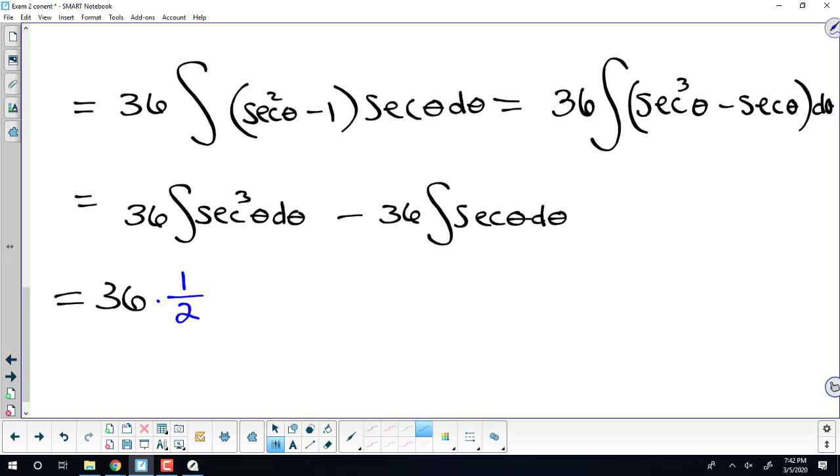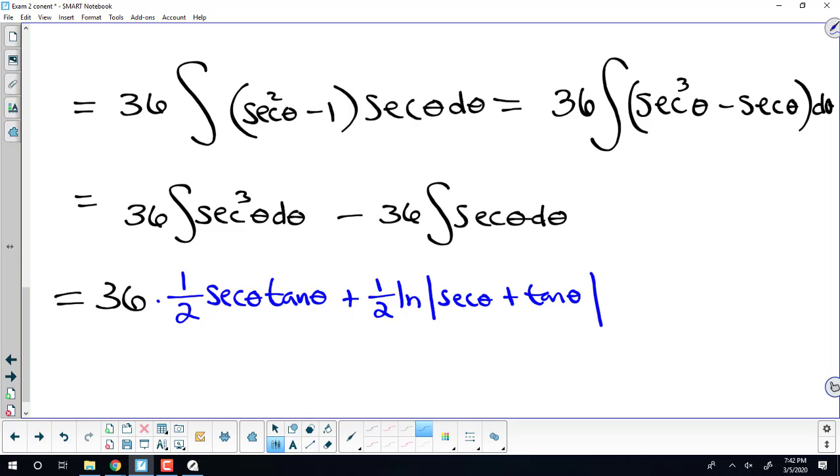The antiderivative of secant cubed was 1/2 secant theta tangent theta, plus 1/2 natural log absolute value of secant plus tangent. So we were more than halfway, maybe so.